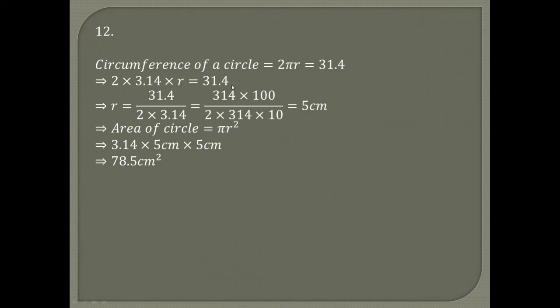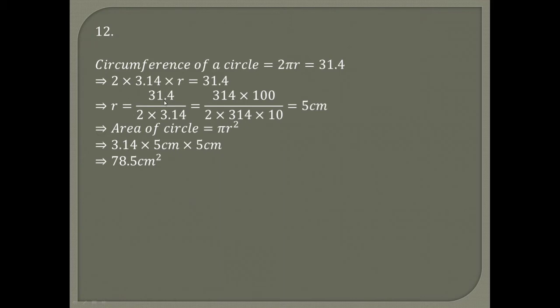Then r equals 31.4 over, as the denominator, 2 and 3.14, which come to this side.